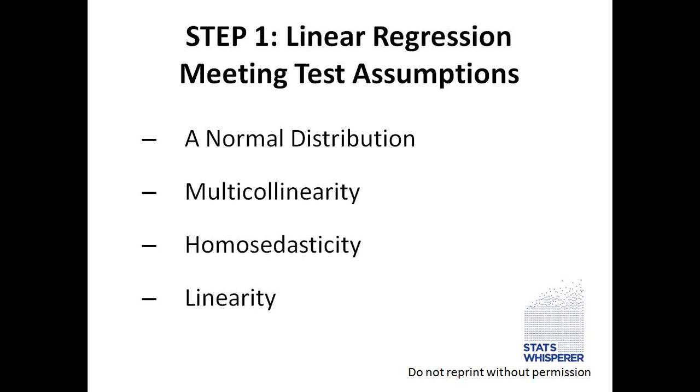I'll reiterate this later, but if you read a research article or a research report, any sort of research, and they use linear regression, they should always report that these test assumptions were checked for and met. Even if it's just a sentence, they could say, we examined normal distributions, multicollinearity, homoscedasticity, and linearity, and we found that the test assumptions were met.